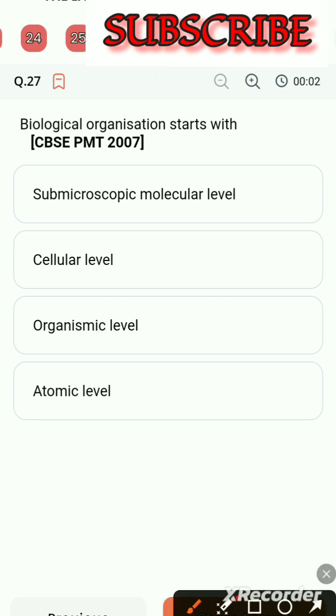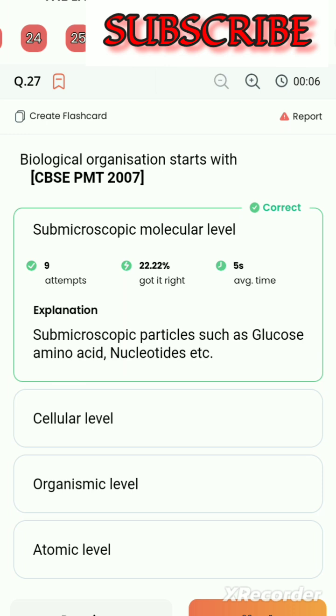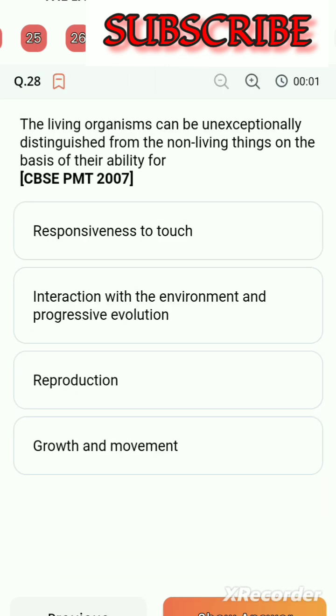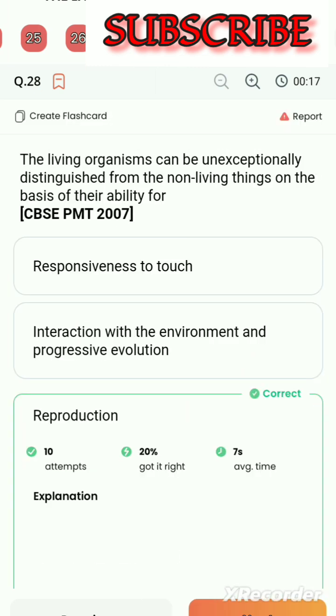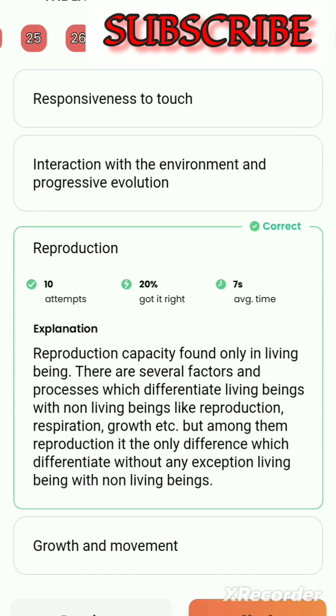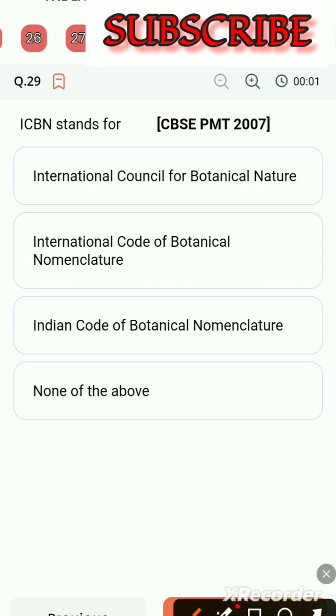Question number 27, biological organization starts with the submicroscopic molecular level like glucose, amino acids and nucleotides, etc. Question number 28, living organisms can be unexceptionally distinguished from non-living things on the basis of their ability for reproduction, option A. ICBN stands for, you all know this abbreviation, International Code of Botanical Nomenclature.